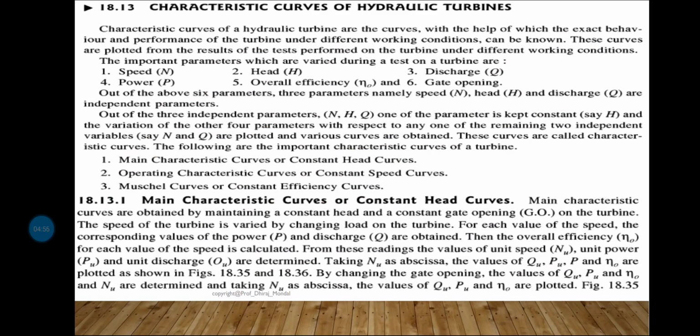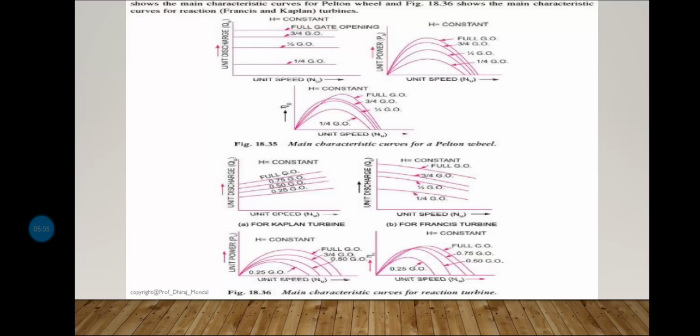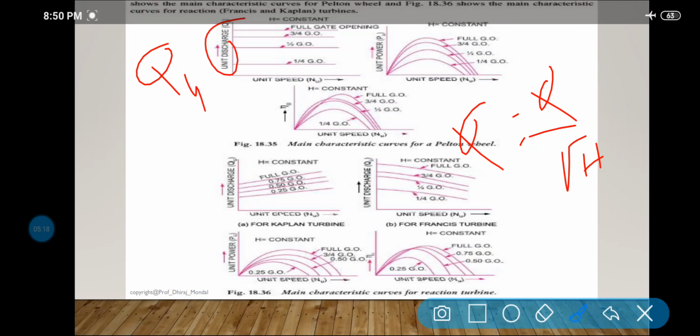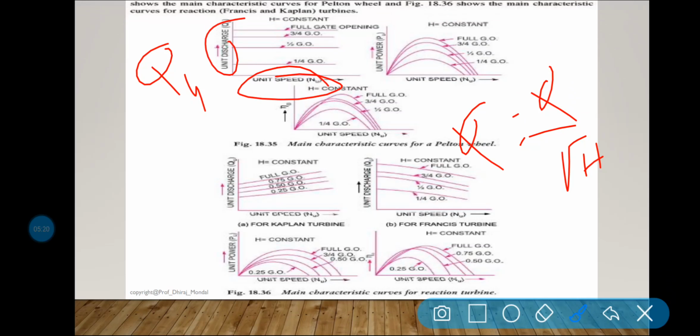By the help of the graph, we can see in this diagram again. Here we are taking unit discharge, which is discharge per unit head, and unit speed.